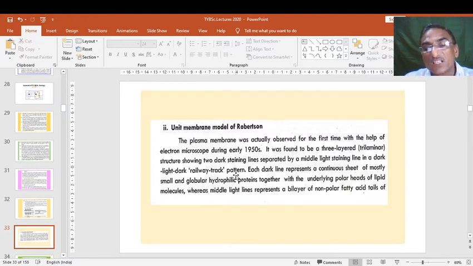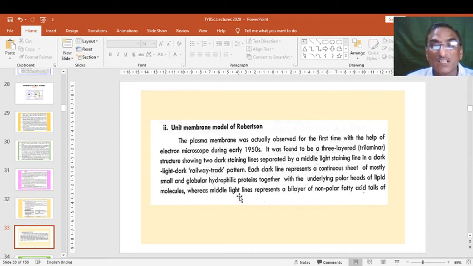So like the sandwich model, the unit membrane model is arranged in the cell. Each dark line represents a continuous sheet of mostly small and globular hydrophilic proteins together with the underlying polar heads of lipid molecules. So it depends on the working of the particular molecule.